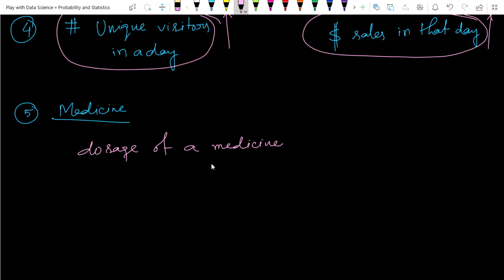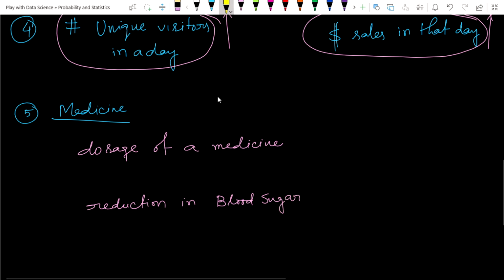Suppose I am talking about medicine for blood sugar for a diabetic patient, meaning the doses of insulin and the reduction in blood sugar. That is what we want to find.